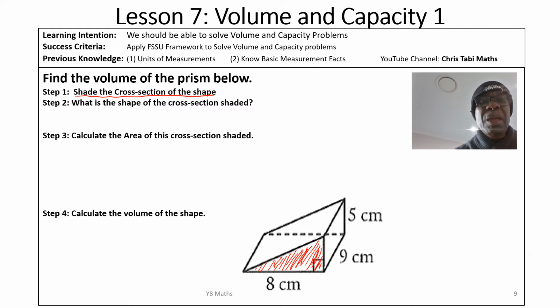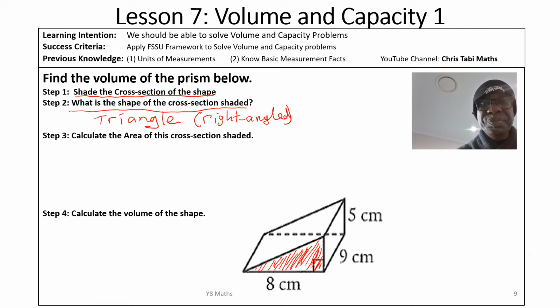Right. What's the shape of this cross section which has been shaded? Well, it is a right-angled triangle.